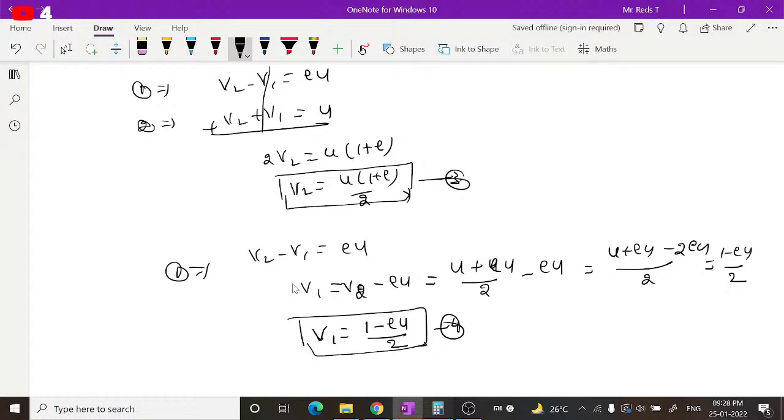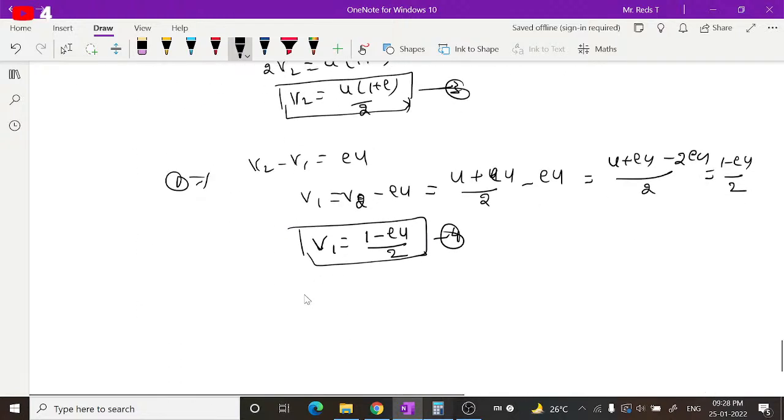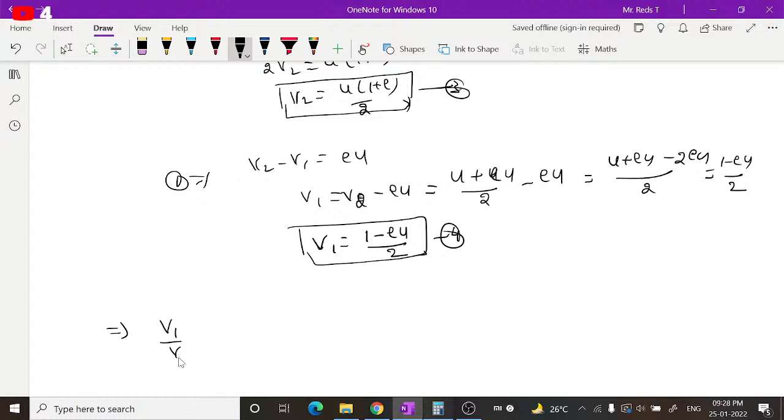We want the ratio between v1 and v2. Therefore, you can write v1 by v2 is equal to, v1 is (1 minus e) u divided by 2, and v2 we can directly write as (1 plus e) u divided by 2. 2 gets cancelled. So what will you get?